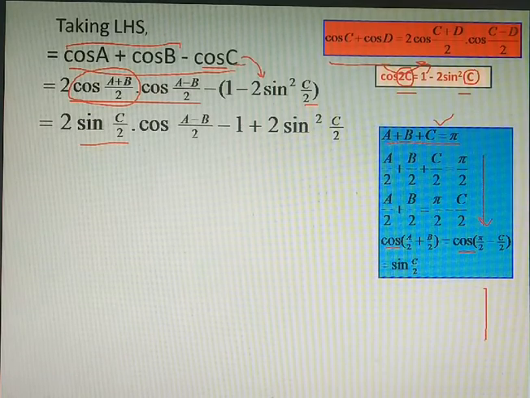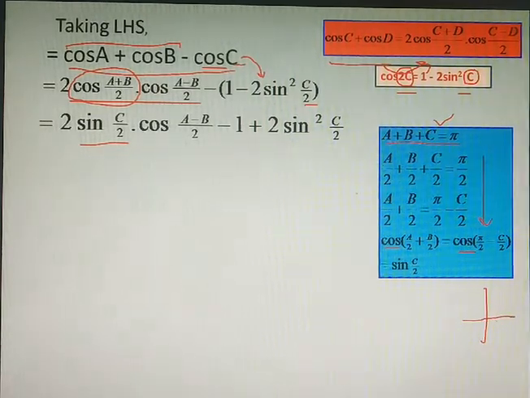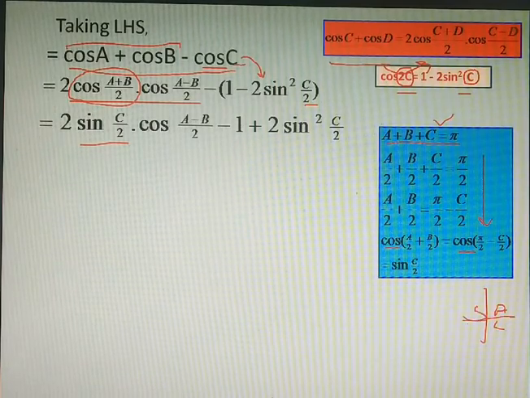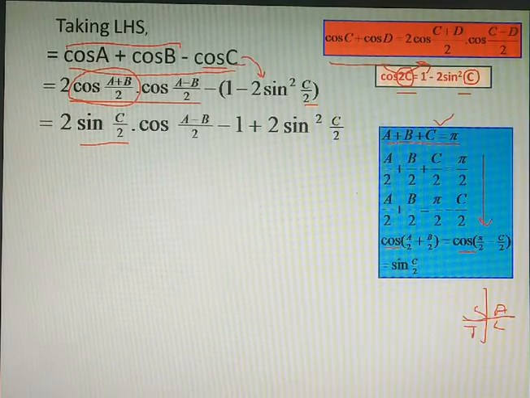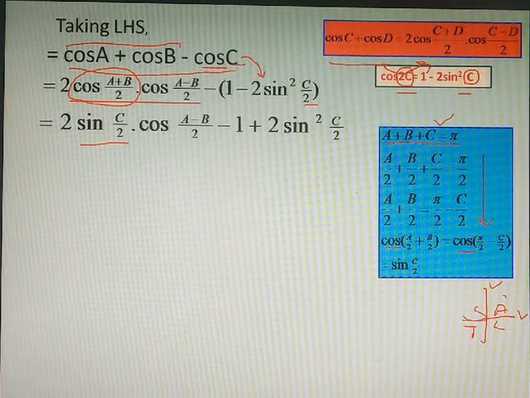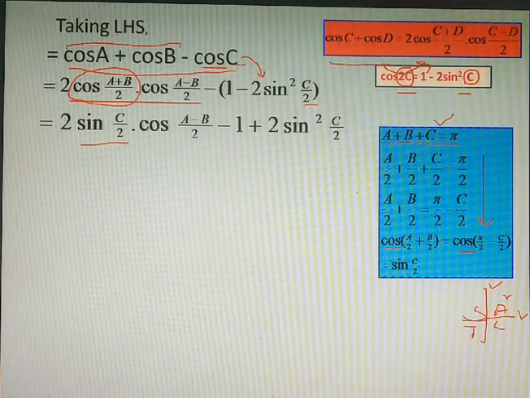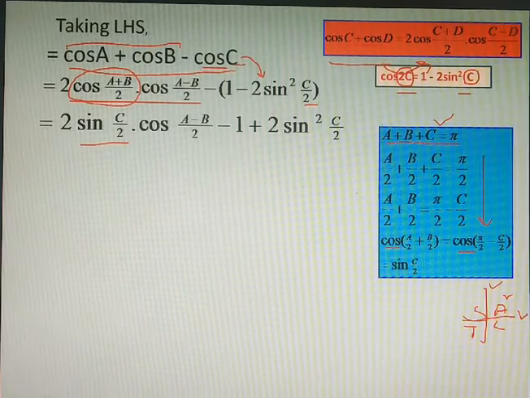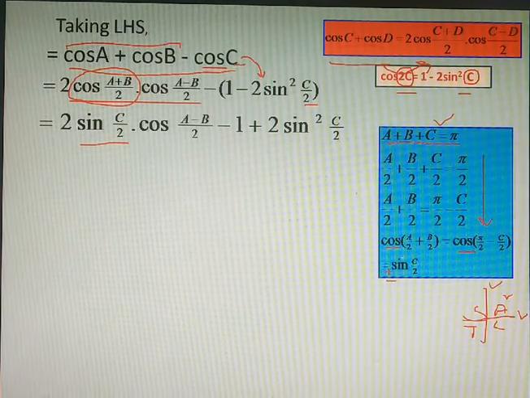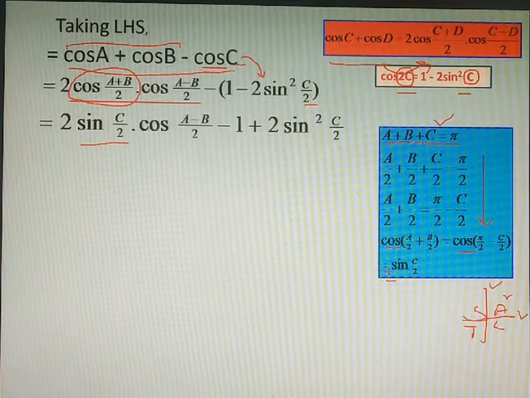You might have learned the CAST rule. According to the CAST rule, whenever the angle lies between 0 and 90 degrees, that is, the angle is in the first quadrant, all trigonometric ratios will have positive value. That's why we have written a positive sign here.